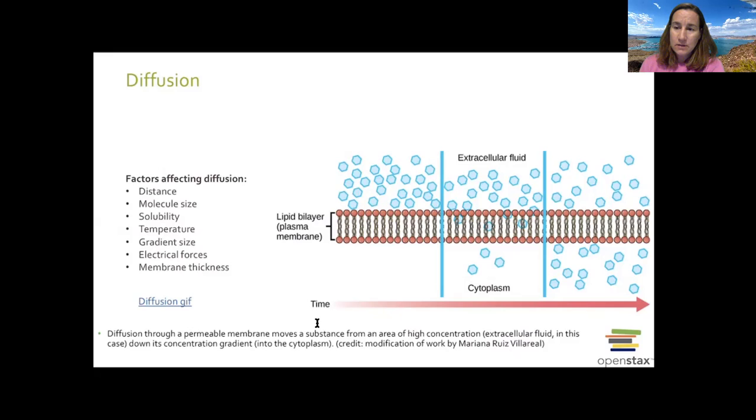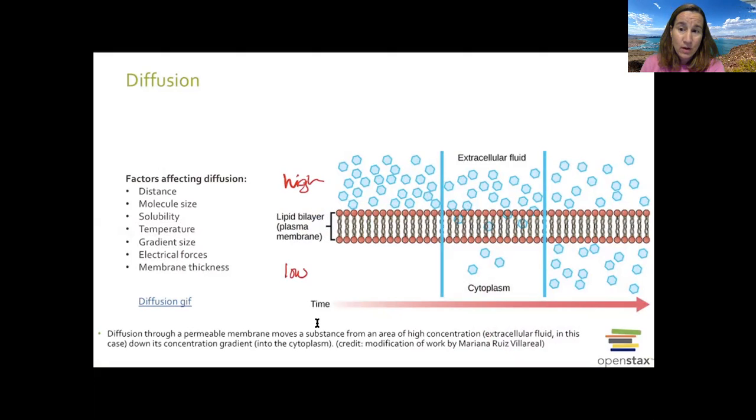Diffusion and what brings things across. Hopefully we covered this concept in a previous science class, if you've had a previous science class before you came here. But when I'm talking about diffusion, I keep telling you, oh, things just diffuse. It's always going from a high concentration to a low concentration. If we were talking about oxygen, for example, that animal is using up lots of oxygen on the daily, just its cells doing normal stuff, going through cellular metabolism, uses oxygen.